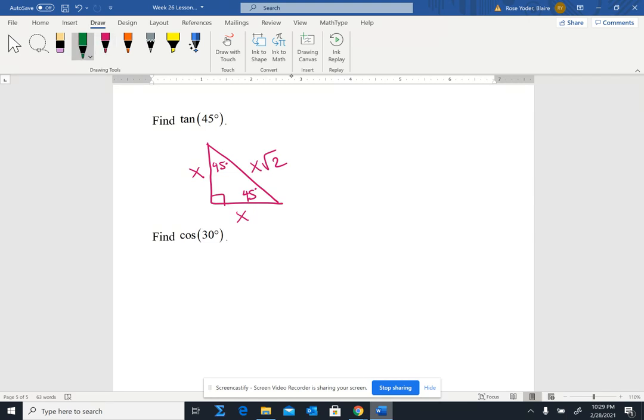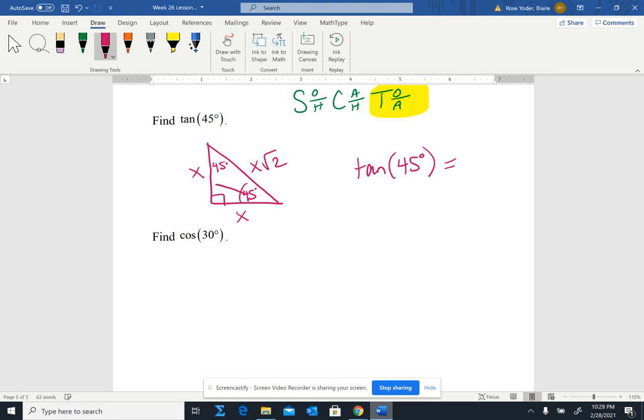Next, I'm going to write my SOHCAHTOA. Some old hippie caught another hippie tripping over apples. All right, last thing I have to do is just make my tangent fraction and I'm done. Tan 45 is, well, tan is O over A. So pick one of your 45s.